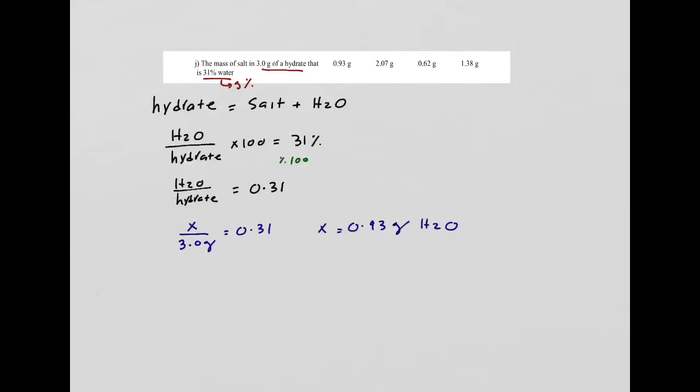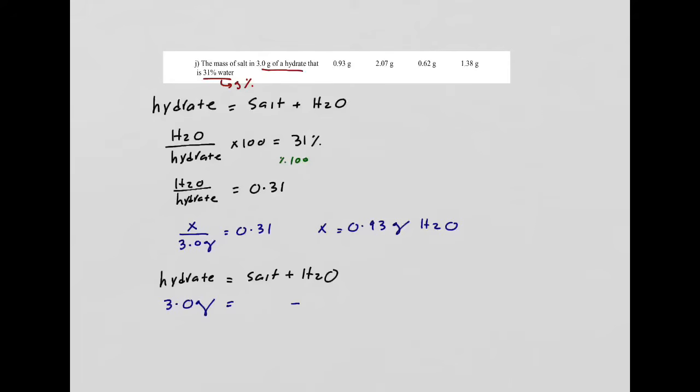Except the question doesn't ask you for grams of water, it asks you for the mass of salt. Now, let's go back to the top. What did we say? A hydrate is salt plus water. Now, I know that my hydrate is 3.0 grams.